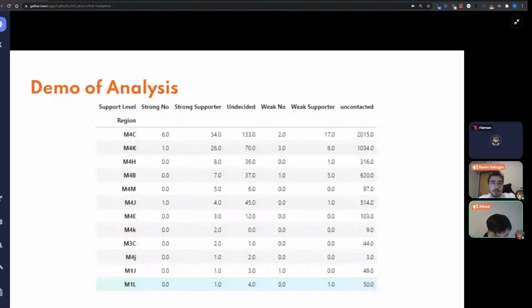With technology, by playing around with some software, we were able to end up with this table. So we ranked it.